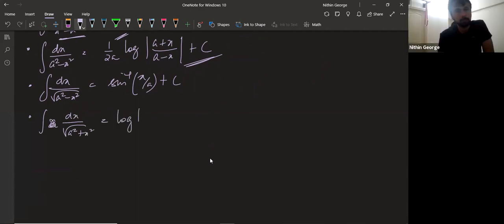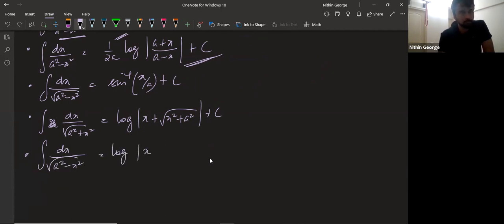It becomes log of, and here, sorry, x square minus a square.